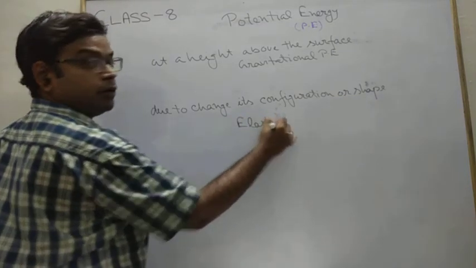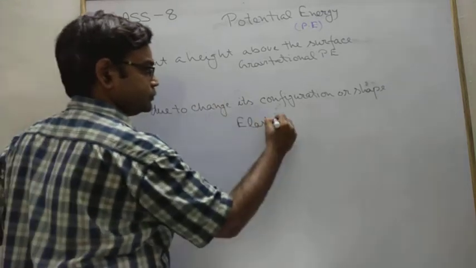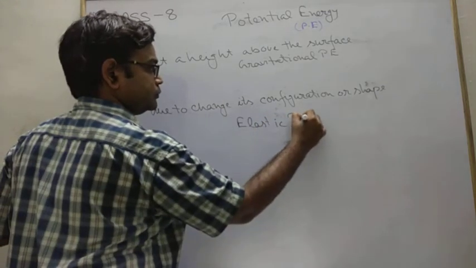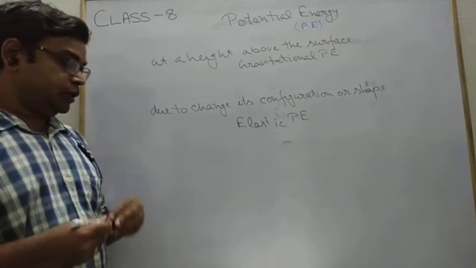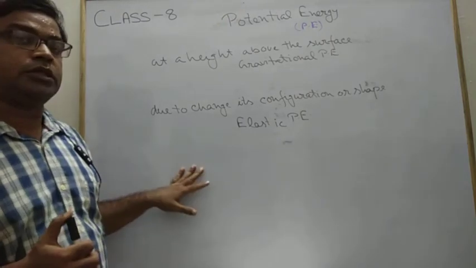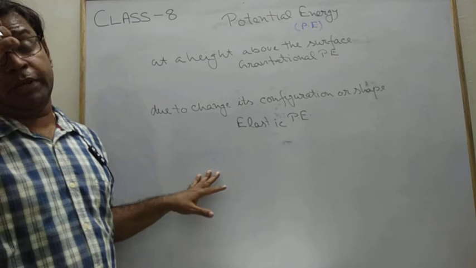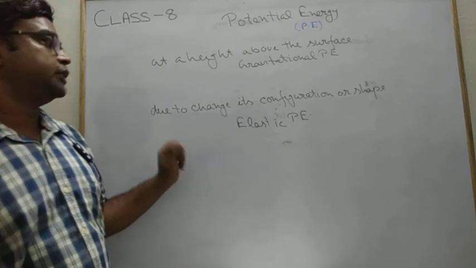That is the example of a spring. So this is the concept of potential energy: gravitational potential energy and elastic potential energy.